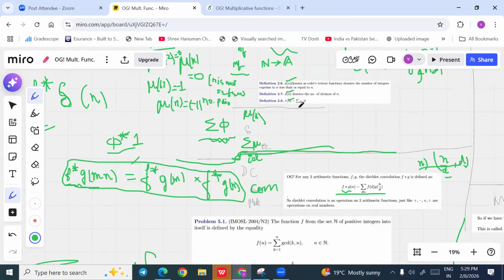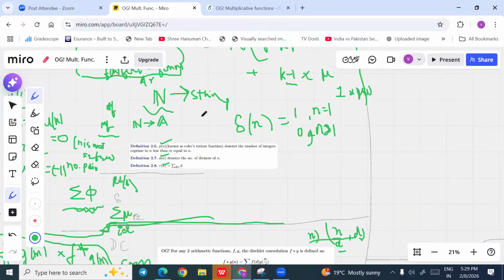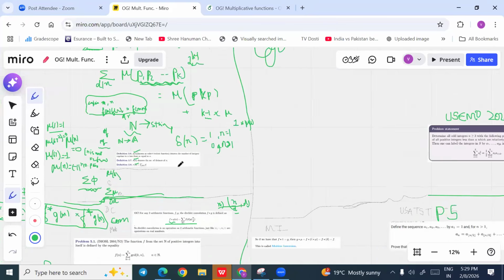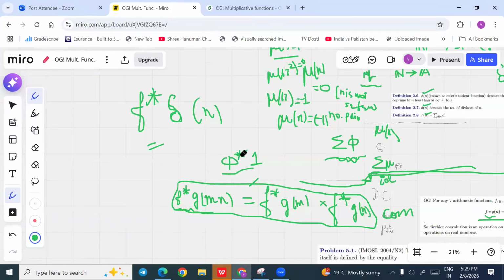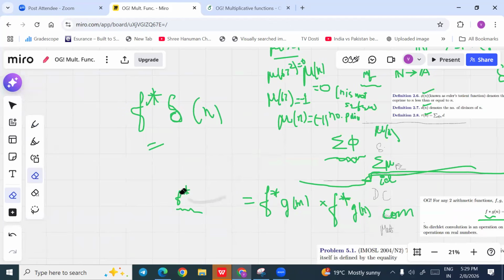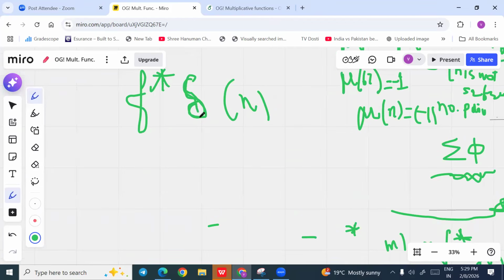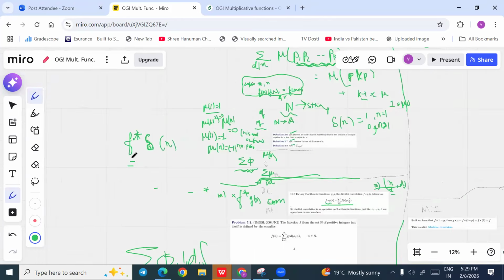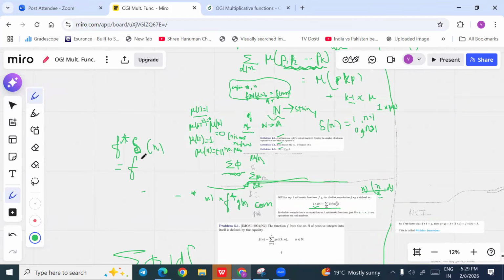In case you forgot, here's the definition of the Dirichlet delta function as well. Can you tell me what function results if I convolve f with the Dirichlet delta function? Yes, this function is indeed f of n.